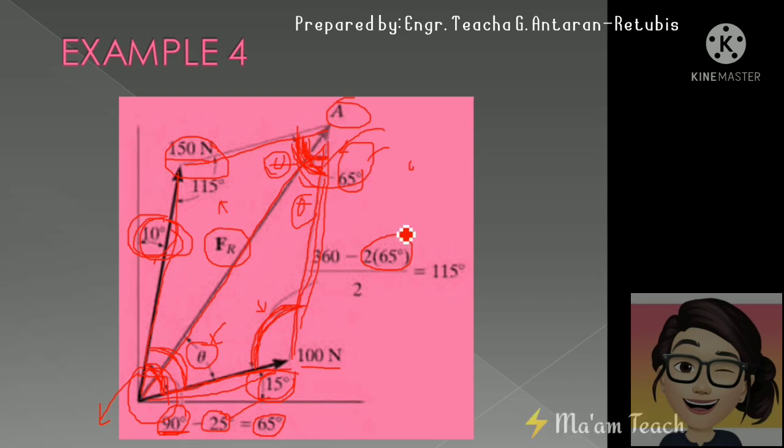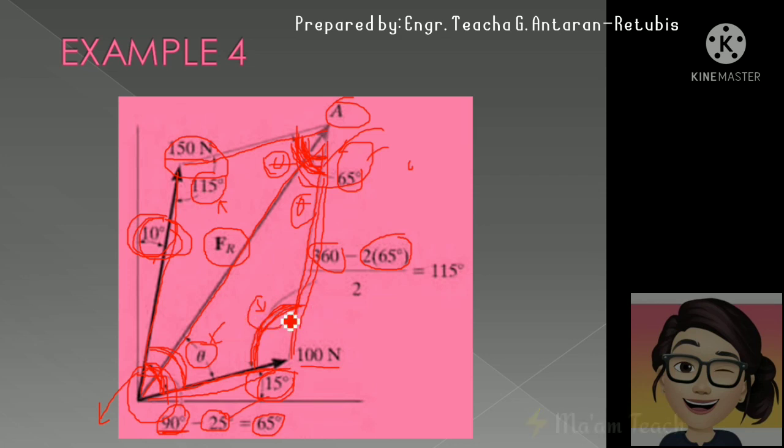So what is our target here is the value of the angle here, which is also equal here. That's why, class, the formula here, what we did is from 360 we subtracted 2 times 65, or dalawang 65. Whatever value we get is the sum of this angle and this angle. Since they are equal, that's why we divided by 2.